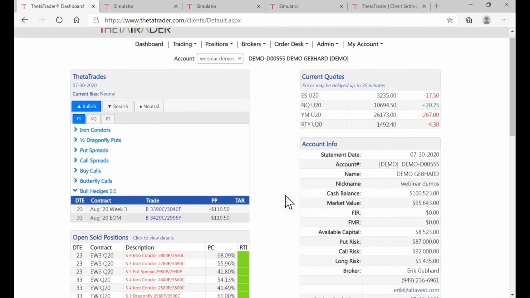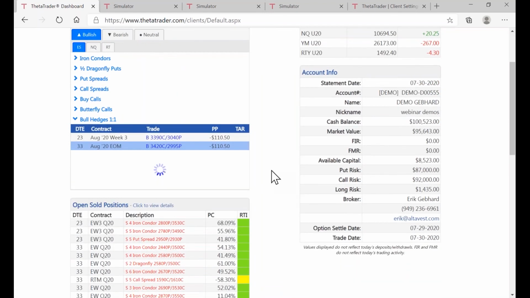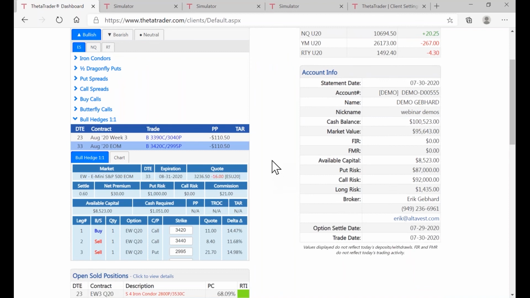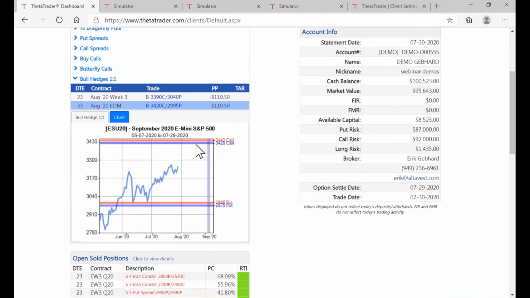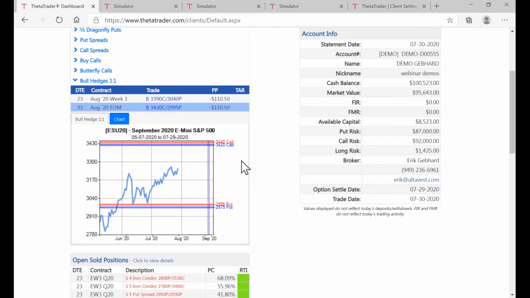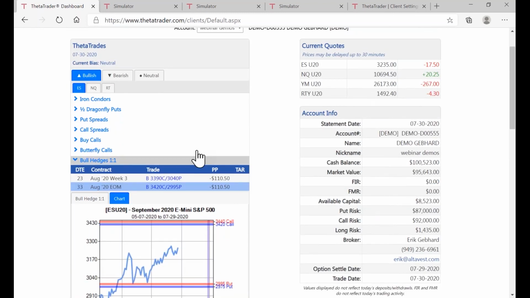A bull hedge is very simple, just a fun name for something wherein you buy an out of the money call spread and you sell an out of the money put spread to pay for it. So you sell this put spread, you collect money, and then you use that money to buy an out of the money call spread. And you can do the same thing if you're bearish, just the opposite.